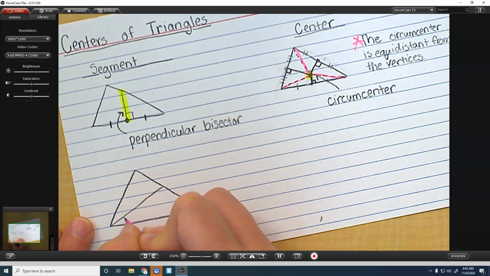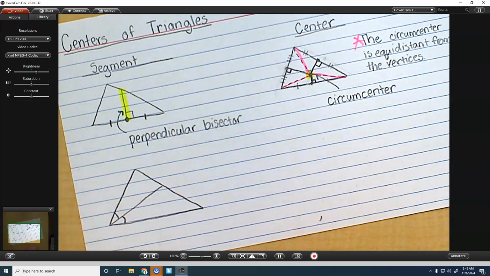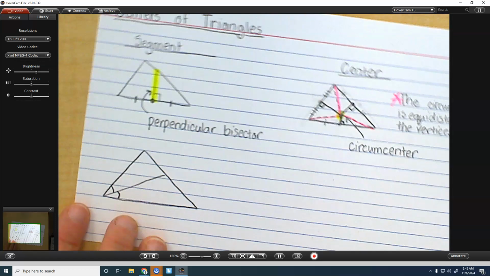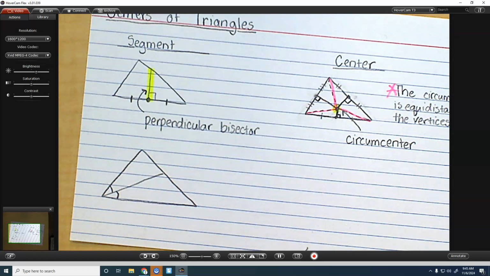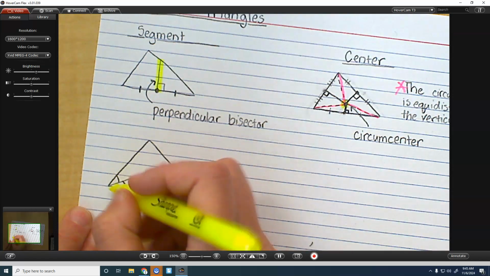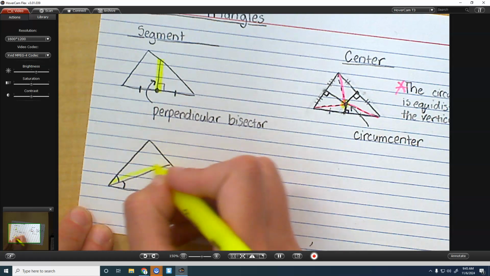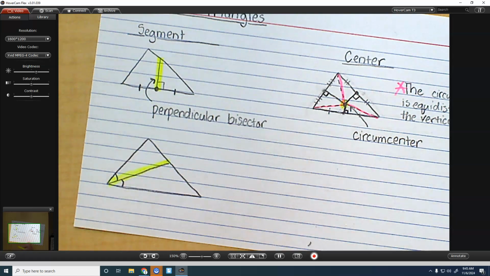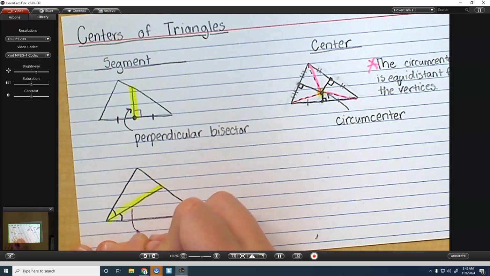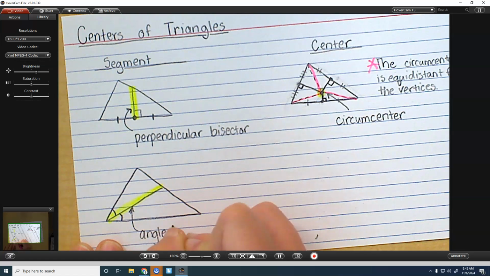And I'm going to mark this angle and this angle right here congruent to each other. So if you've got a highlighter, if you're highlighting that right there is our angle bisector.